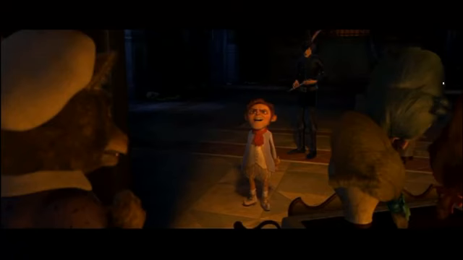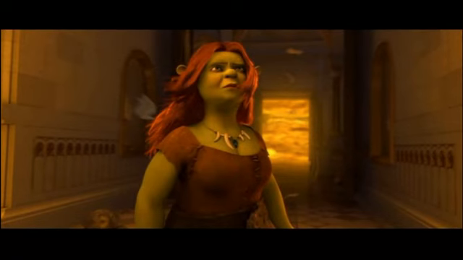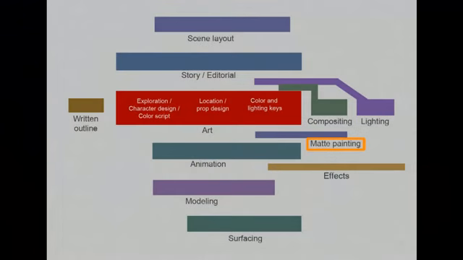Look at how that lighting is carefully set up to attract attention to the characterization, the character moment, and to drop out anything that might be a distraction. Just a perfectly set up lighting scene. And this is what the lighters have to do based on your color and lighting keys.